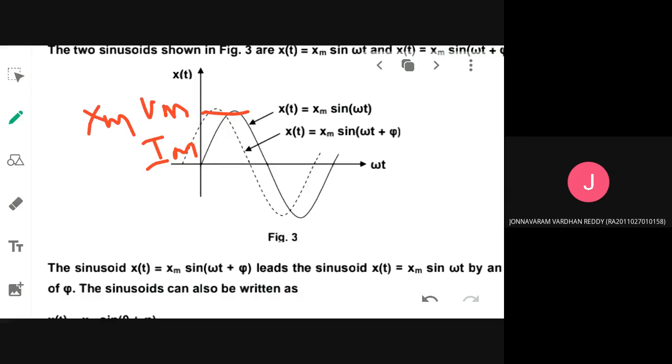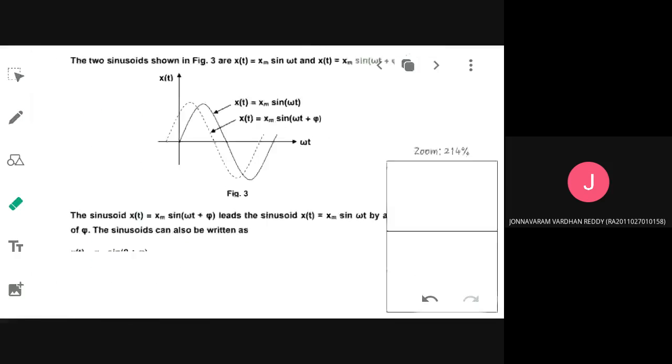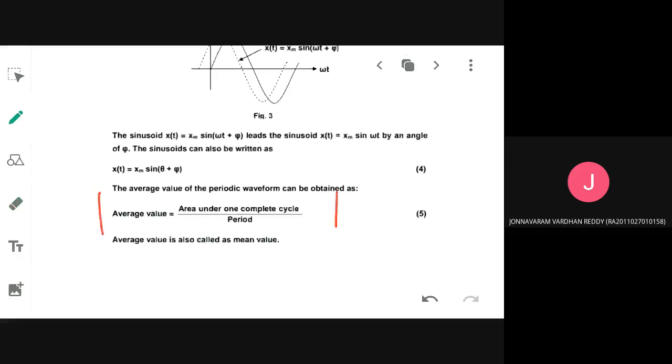Next is how to find the mean value and the RMS value. For different types of waveforms it will vary, so you need to derive that. But remember the formula for average value: area under one complete cycle divided by period.